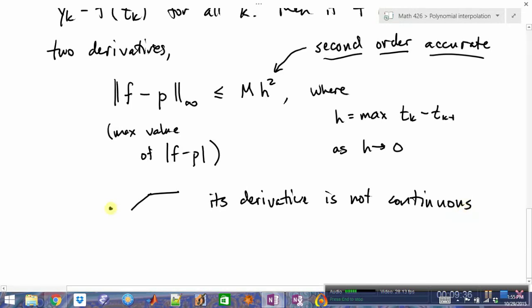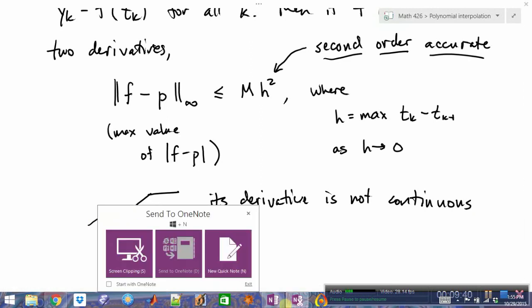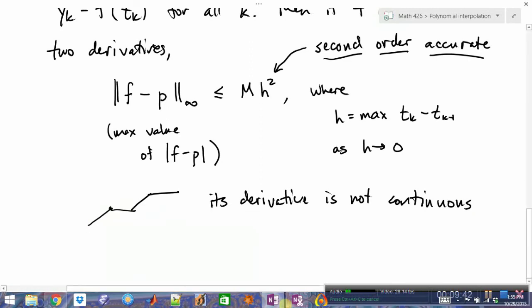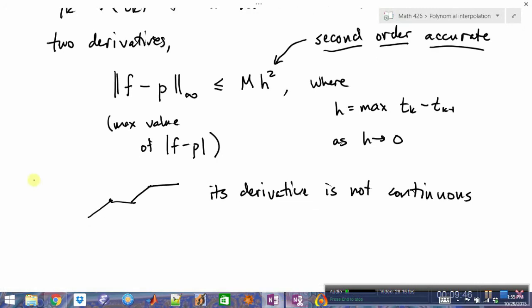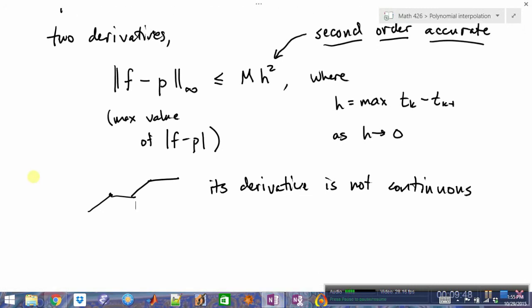At this node, you've got two different slopes, and so therefore you don't really have a derivative. You have right and left derivatives. So that can be a downside. It looks kind of jaggedy, and if you were to take a derivative, it would not be very useful. So the next type of interpolant we're going to look at solves both of those problems.